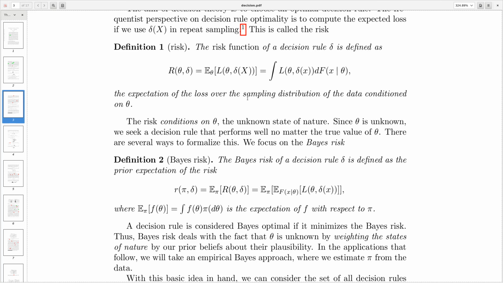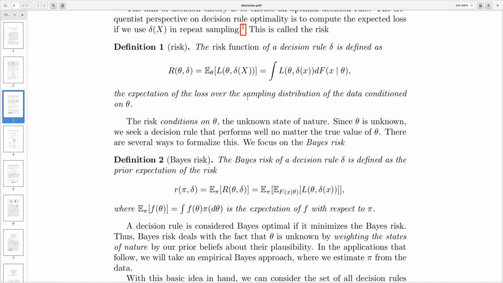So the risk function of decision rule delta is defined as the risk function of theta and delta, which equals the expected value under theta of the loss function of theta and delta over all samples, an integral over the loss function given theta. This is the expectation of the loss over the sampling distribution of the data conditioned on theta.